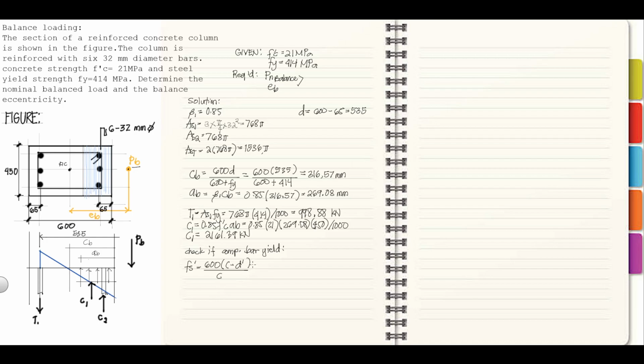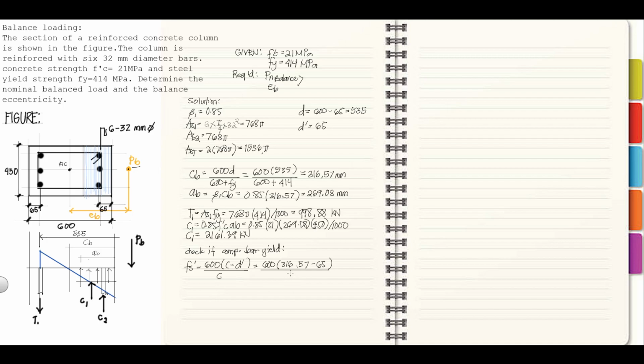Okay, if matandaan nyo, no? Yes. Yan. Doubly reinforced, no? Okay. So, that is 600. What's our C? Yun natin CB. Tama? So, that is 316.57. Minus D prime. What's our D prime? D prime is 65. Okay? Lagyan natin dito. D prime is 65.